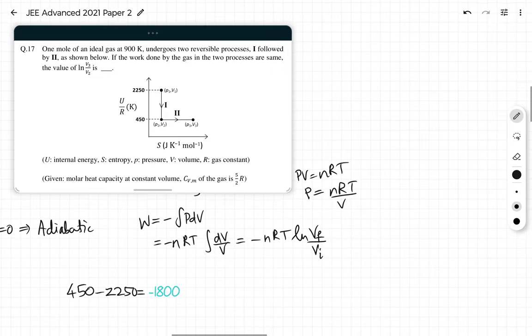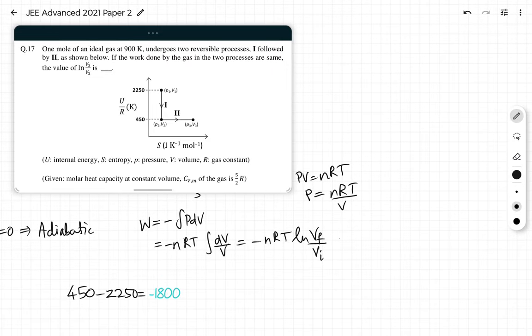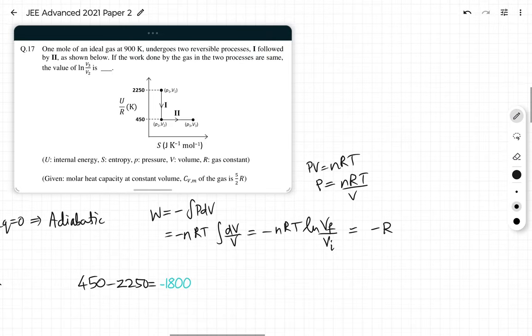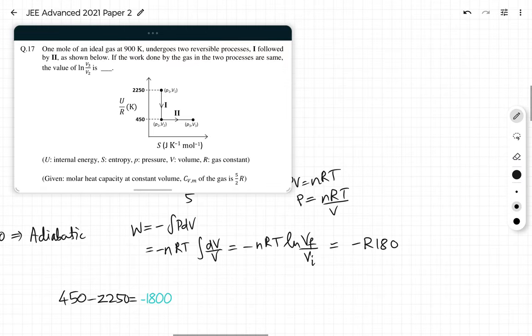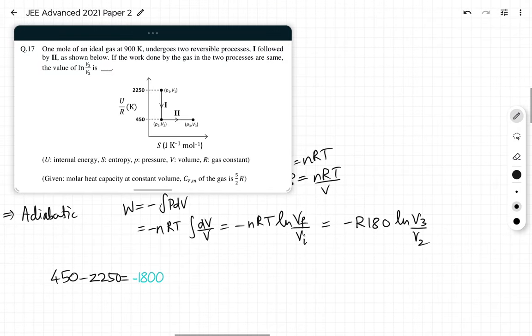And from the graph we can see that n is 1, minus RT is 180, ln V3 by V2.